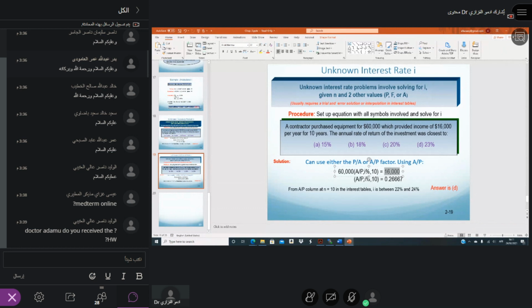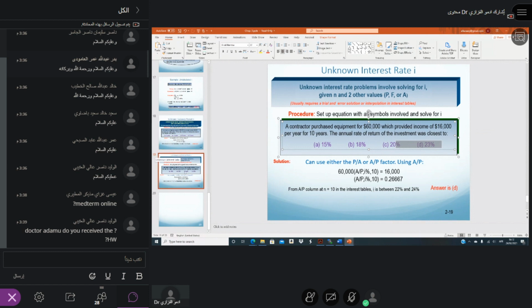Then you go to the table that has N number of times, and you look for a value that is close to 0.22, and that will give you the corresponding interest, which is very close to maybe D. It's between 22 and 24%, let's say, if you go to the table. So you will have the value, and then you put your answer there, corresponding to what you have.